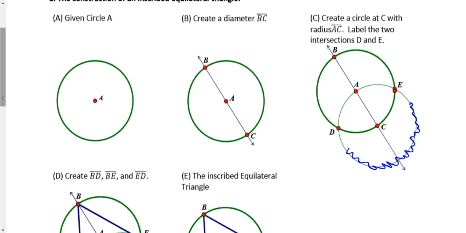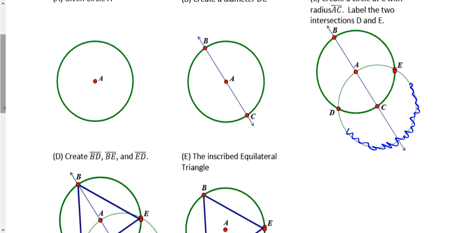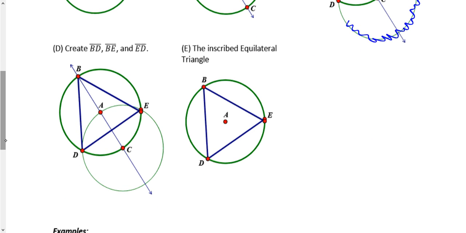Spin the other way. You forgot the diameter. You have to have the diameter first. You need this point here where the diameter hits to do this accurately. Okay? So once I had that arc there, all I do is connect the dots with my straight edge.